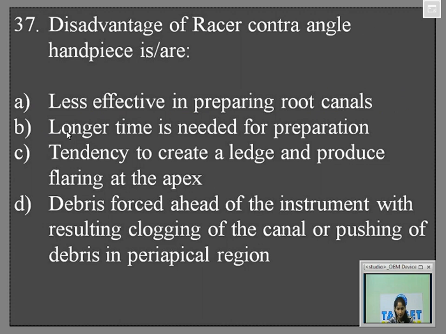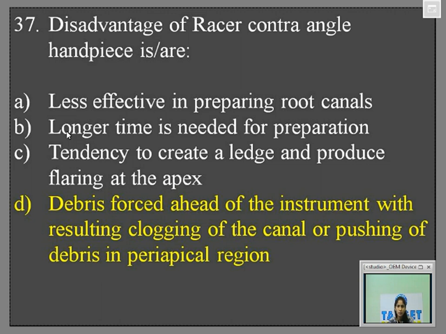Disadvantage of a contra-angle handpiece like the Racer is: your Racer and your Gyromatic are the two contra-angle handpieces that are used in a reciprocating fashion.